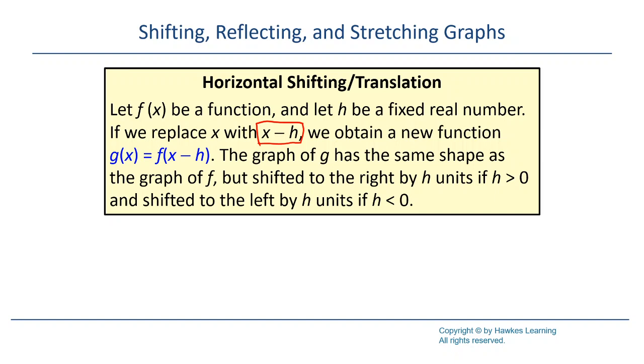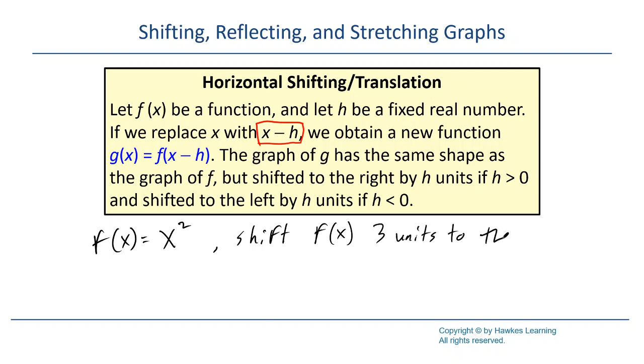So if g of x is the horizontal shift, which is where you do the operation inside of the function. For example, let's say f of x was equal to x squared, just because that's a nice and easy function to deal with. Let's say you wanted to shift f of x 3 units to the right.